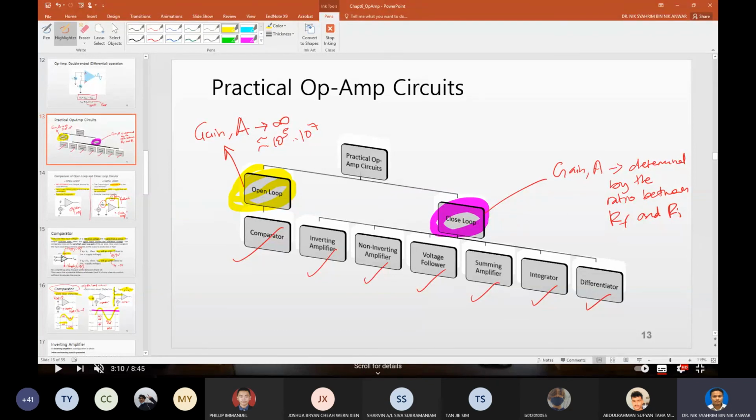For this particular subject, we will not consider the last ones, only until the summing amplifier. So please bear in mind, for example, these four types of closed loop circuit.